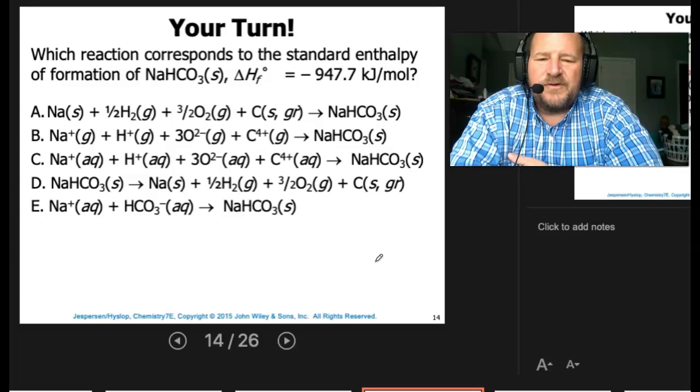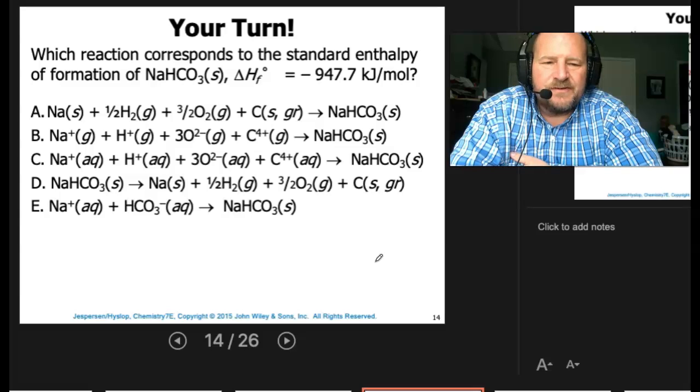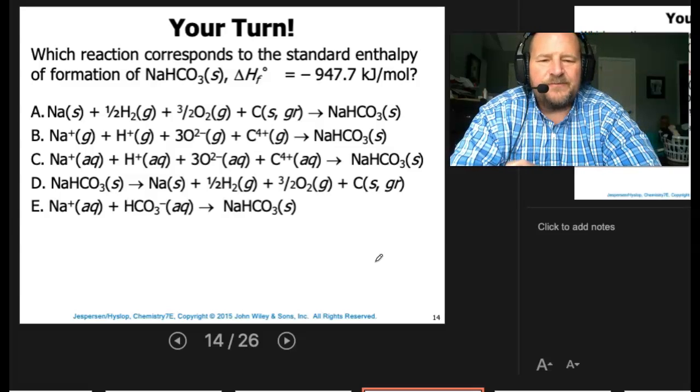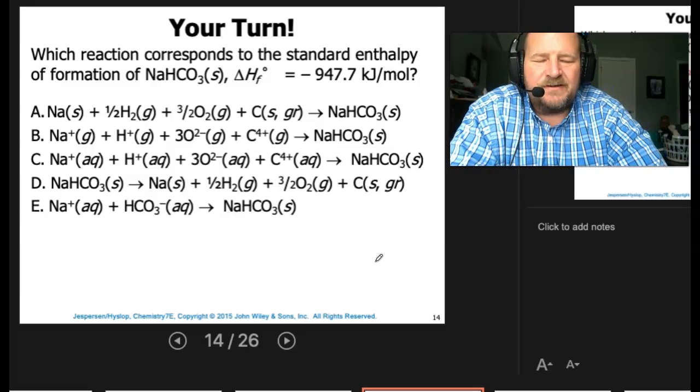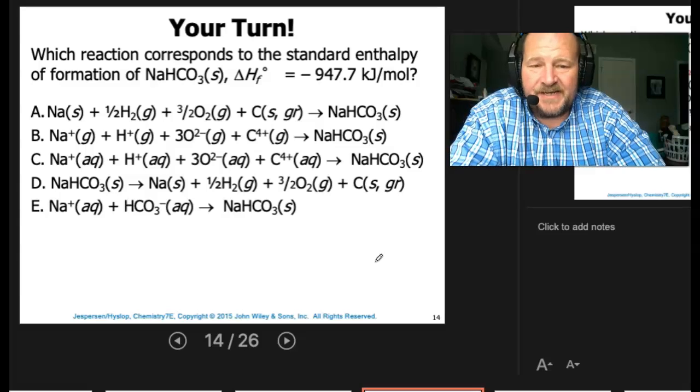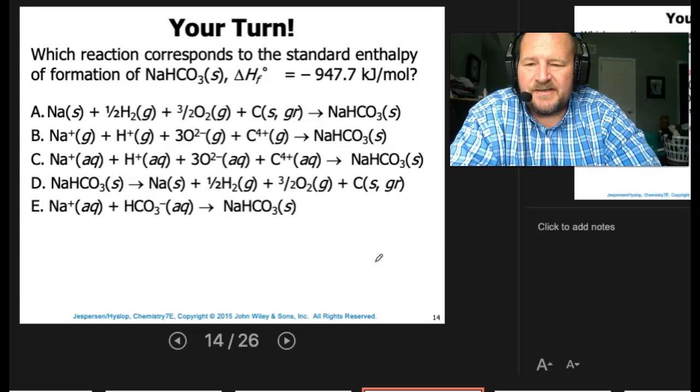So remember, you want sodium bicarb as the product, so we can eliminate D. Let's see, A looks pretty good. All right, B's got some issues, and B is probably what can lead us to get into some trouble, right? So we did ionic charges in a previous chapter, and this will all be on the same test, so you got to kind of compartmentalize these things.